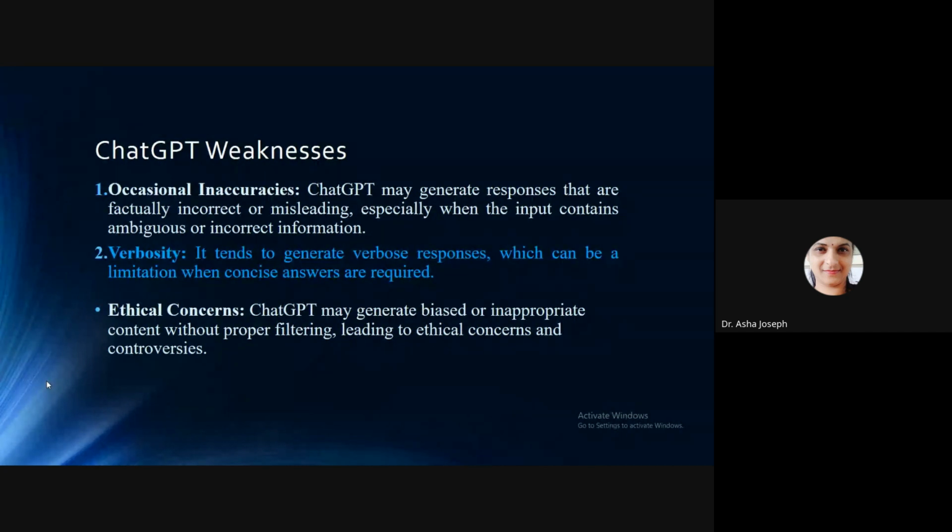Then the next weakness, I should say, is verbosity. It tends to generate verbose responses, which can be a limitation when concise answers are required. If you want to make a slide or presentation, and you mention a few points, then some of the points it adds on its own.